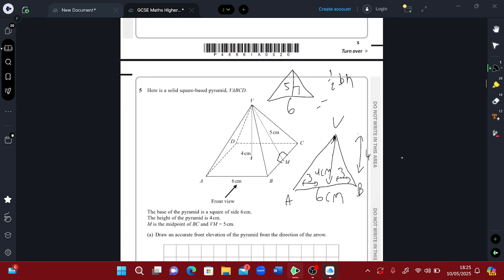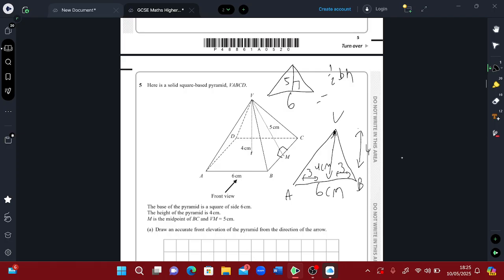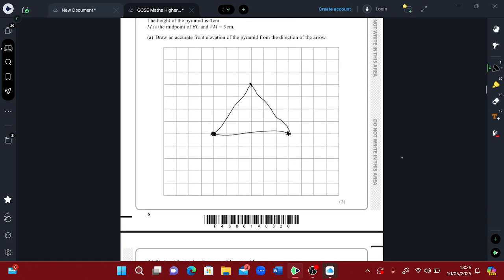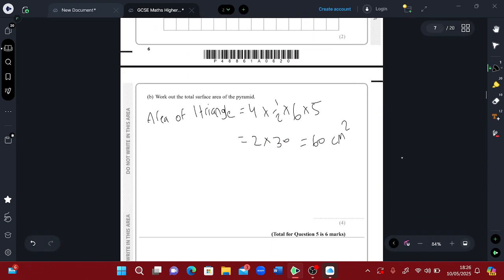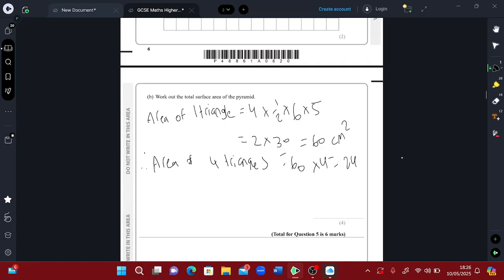So the area of the triangles, you're going to times by 4 because there are 4 of them. So therefore, the area of 4 triangles is 60 times 4, which is 240.